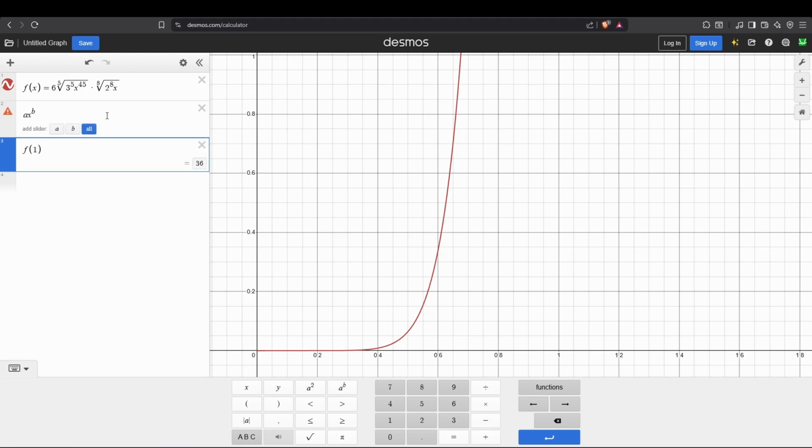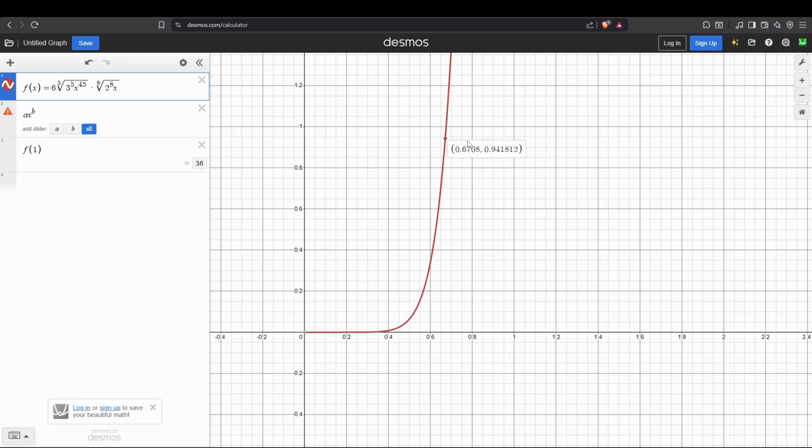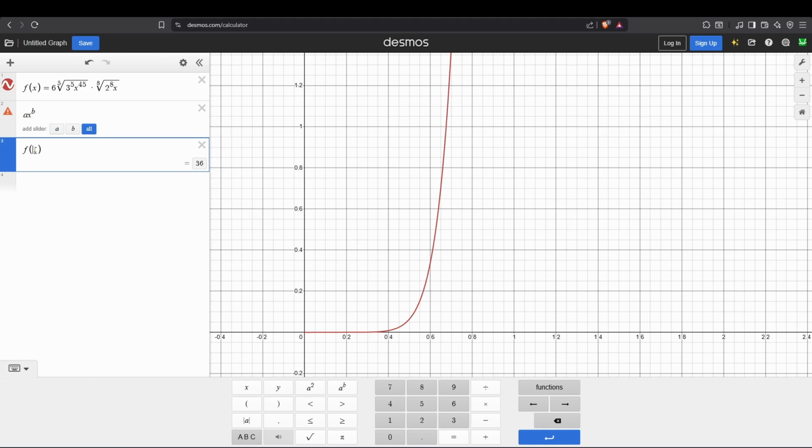So a is pretty much f of 1, which is 36, because we're finding the value of y when x is 1, which is just solving for a.